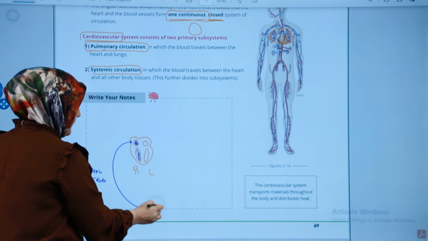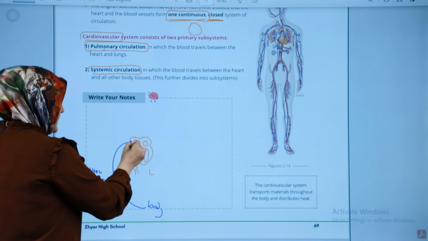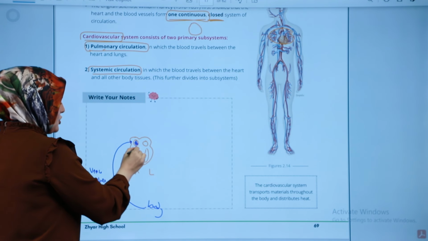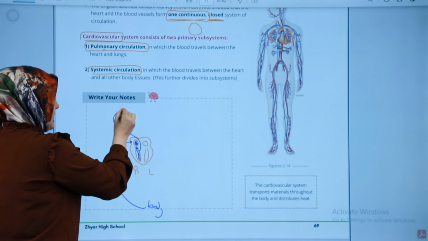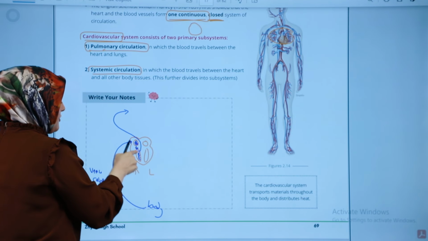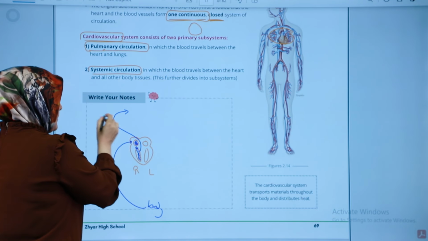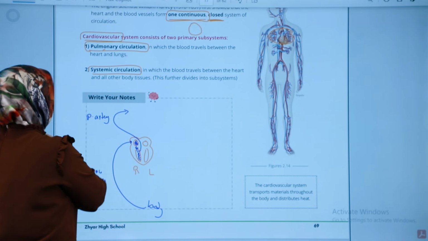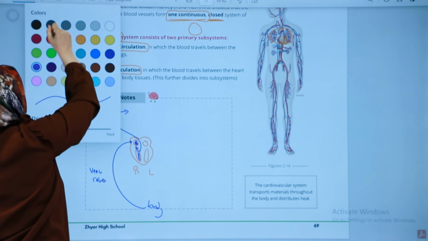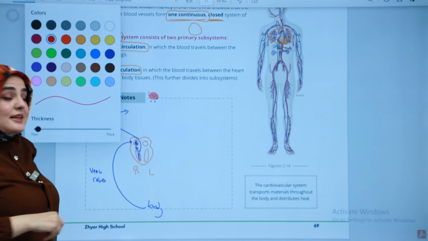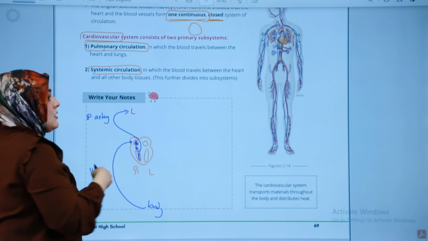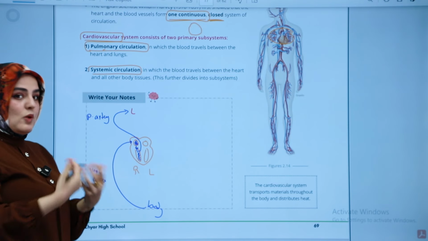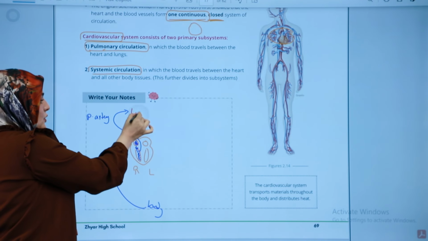This is body. It's deoxygenated. Then the atrium is going to give it to the ventricle, and the ventricle gives it to the lungs. Remember, this is through a pulmonary artery, if you remember. Okay, good. Now it's in the lungs. In the lungs, it gets purified and becomes oxygen rich while losing all the CO2.